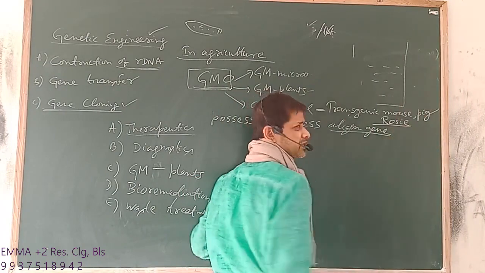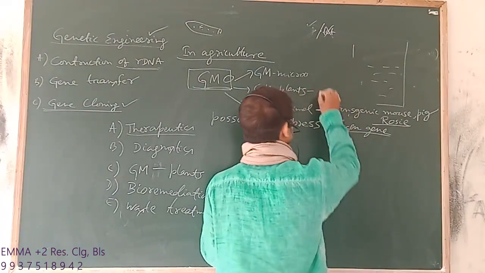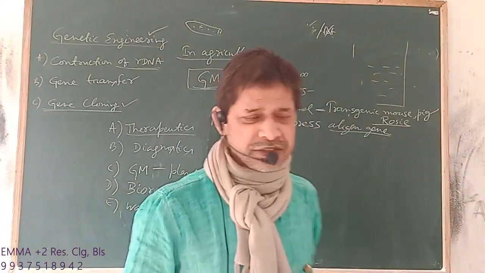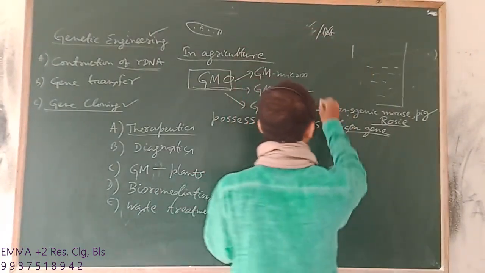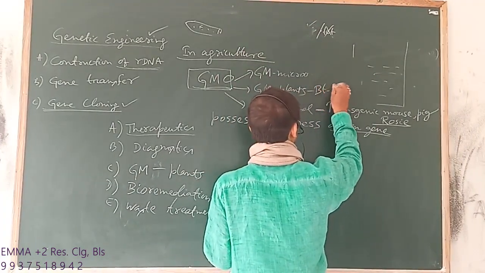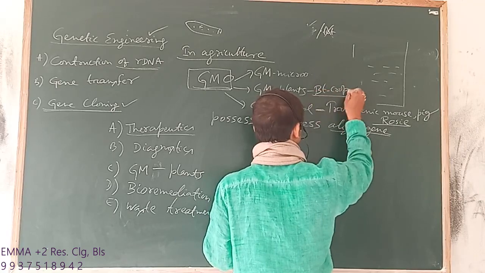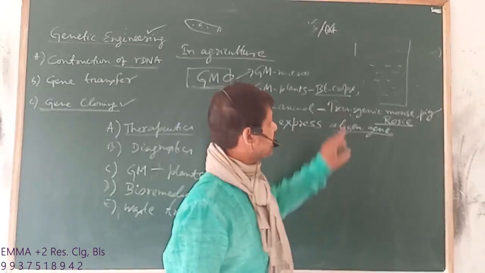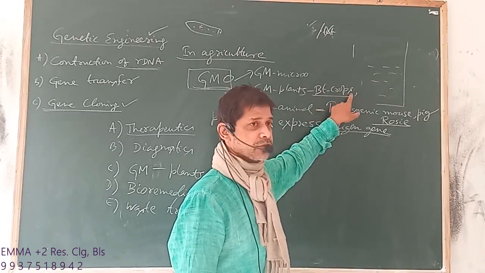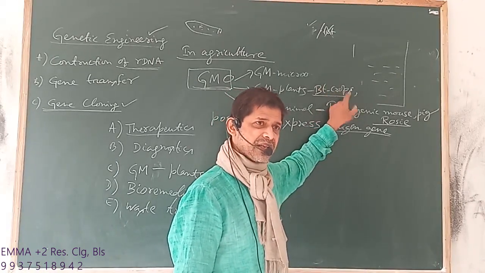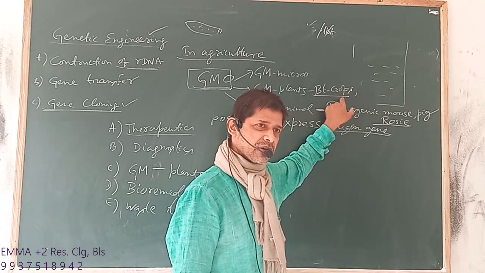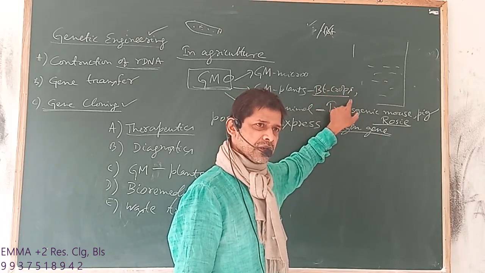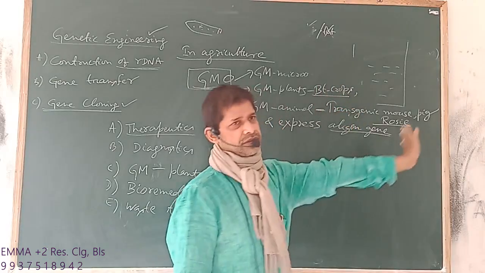In GM plants, so many examples are there. One example as per your book is the BT crop. This is important for your exam short note. I have written BT crops plural. BT rice, BT corn, BT brinjal, BT wheat, like this.